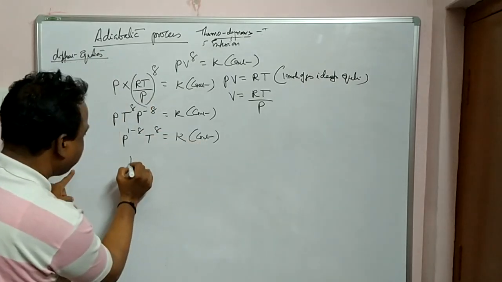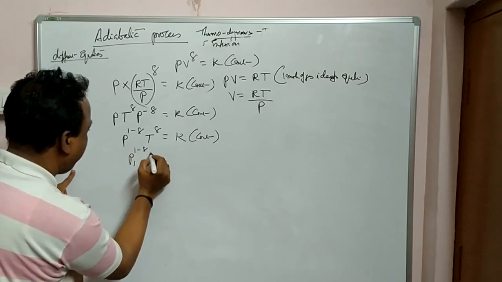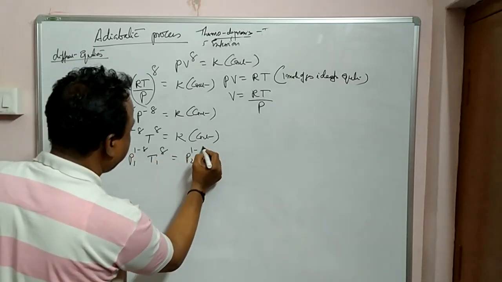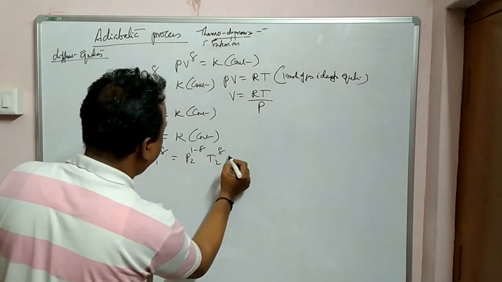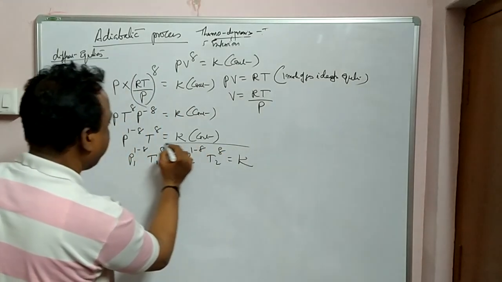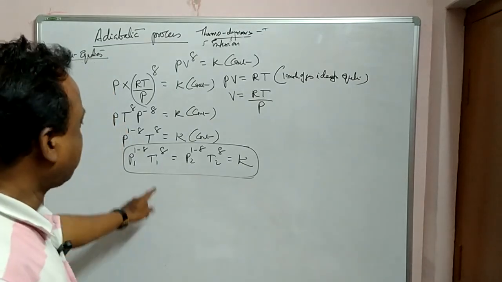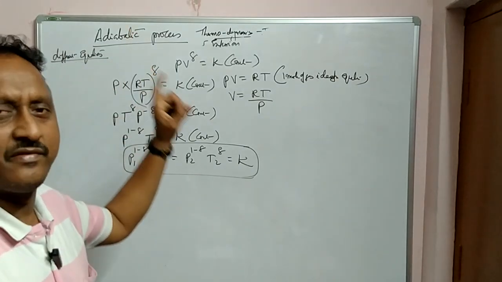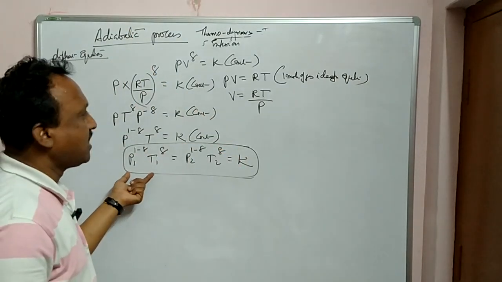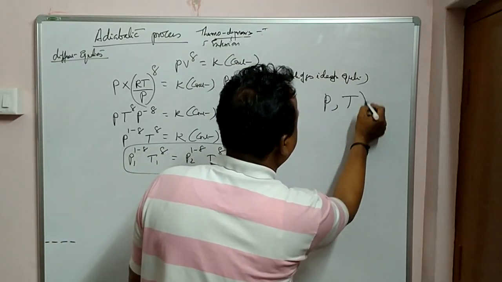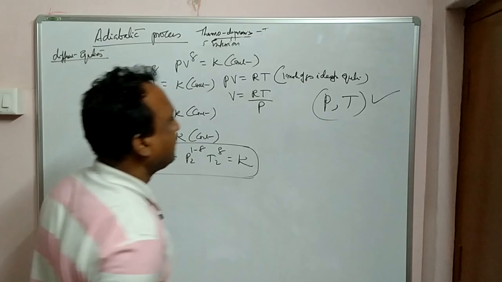So I can write P1 power 1 minus gamma T1 power gamma is equal to P2 power 1 minus gamma T2 power gamma is equal to constant. This is one form of writing. Please note down. We have written the adiabatic process equation in terms of pressure and temperature.